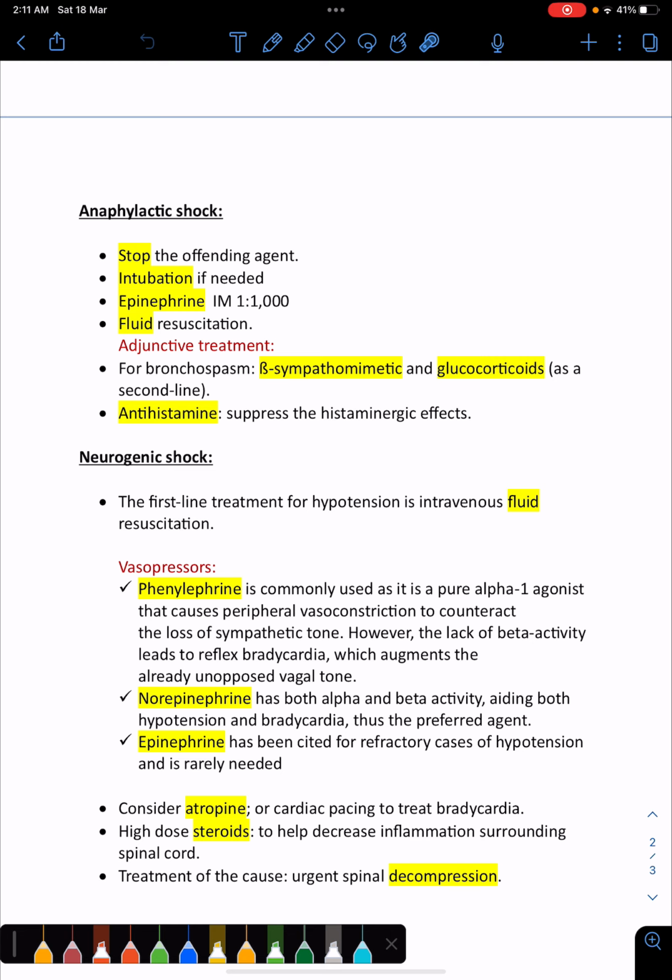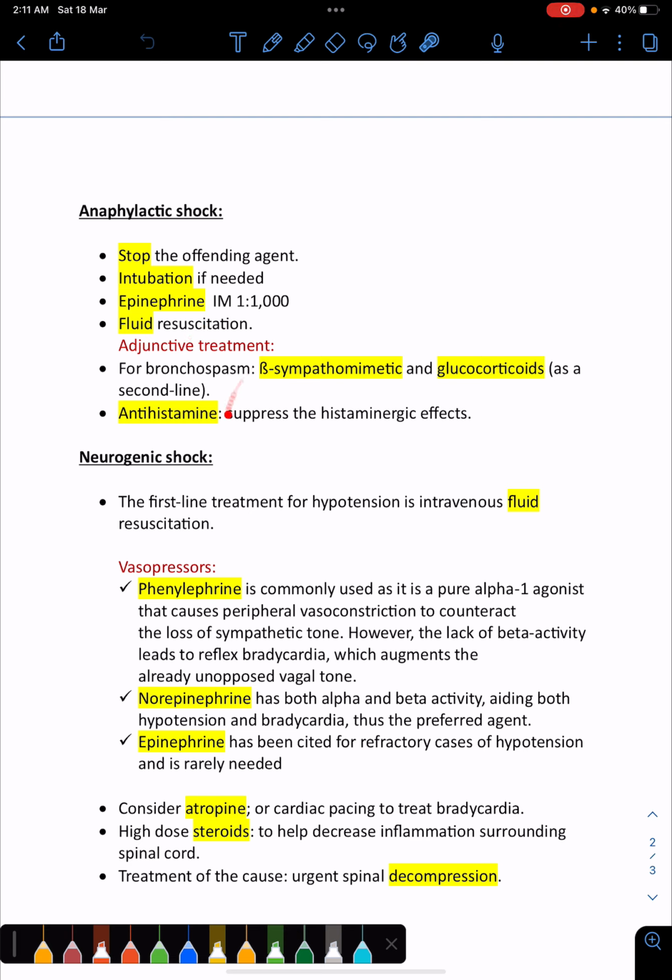And we can give the patient antihistamines to suppress the histaminergic effects. So antihistamine, beta sympathomimetic, or glucocorticoid could be given to the patient as adjunctive treatment.